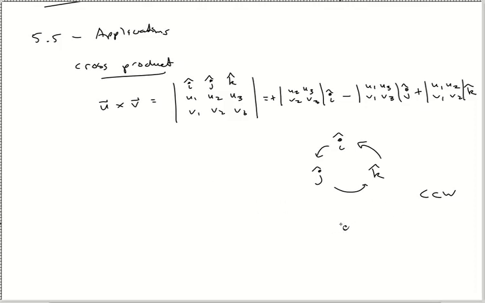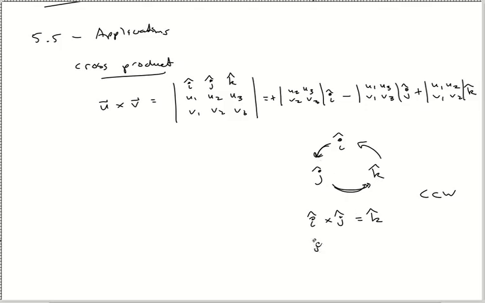Counterclockwise. So whenever I say I cross J, it's going to be equal to K. Notice that I cross J equals K. Follow the path. J cross K equals I. K cross I equals J. If you're going backwards, J cross I is a negative K because you're going backwards.